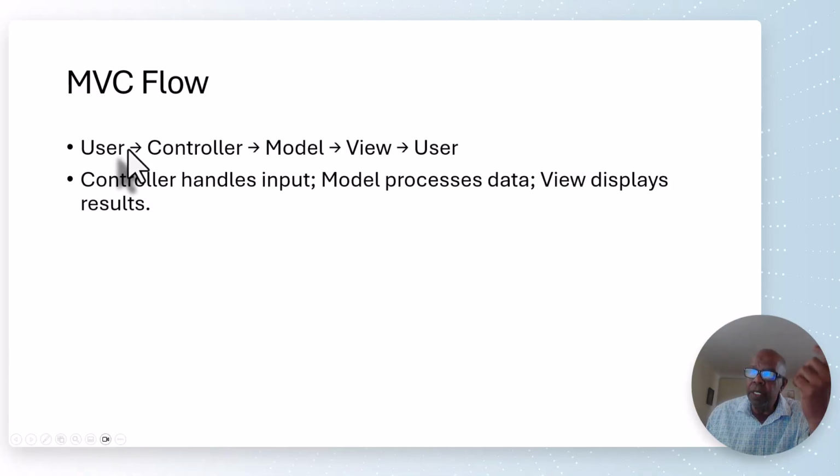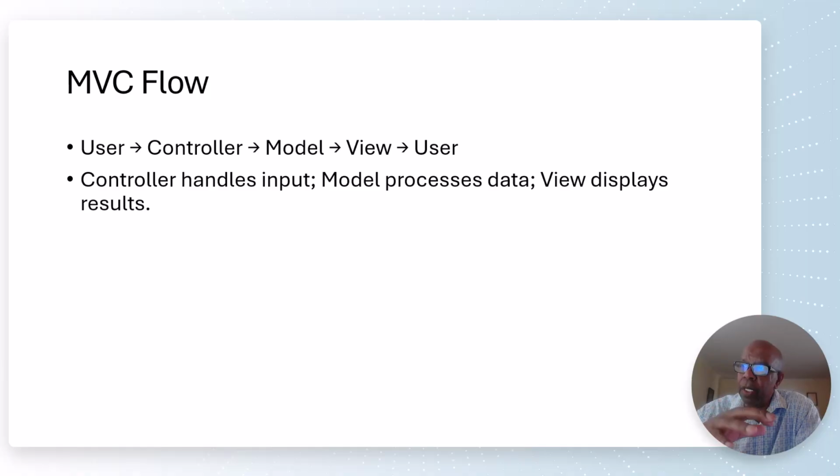Here we have the user. The user is performing some function, entering a form, for example. The controller takes that form and based on the model, which is the rules, and based on the rules for that particular one, the controller looks at the model and the model is looking at the view. The model is basically, what do we need to do with the form once you've entered information into the form?